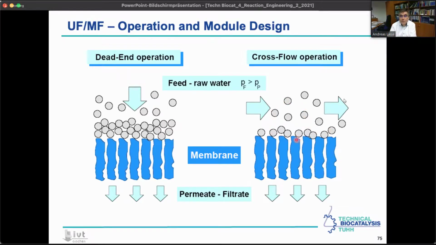What is being retained we name retentate, and the filtrate that's passing through the membrane we name permeate. And we always have a pressure drop if we compare retentate side to permeate side. So on the retentate side, before the membrane, we always have a higher pressure.